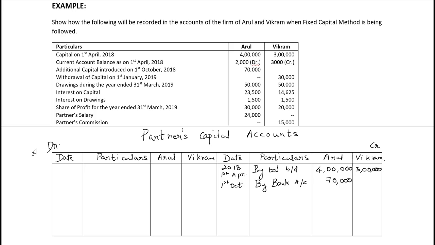Vikram has withdrawn from capital on 1st January 2019, to bank account for the withdrawal of capital against Vikram 30,000. All the items which have to come in the partner's capital account are done. We'll balance the account.